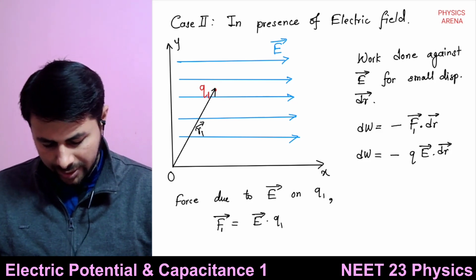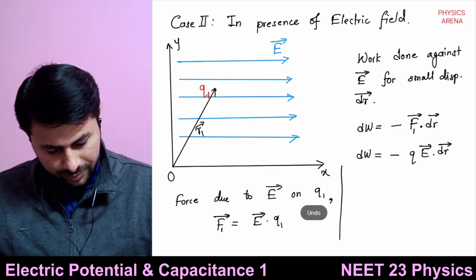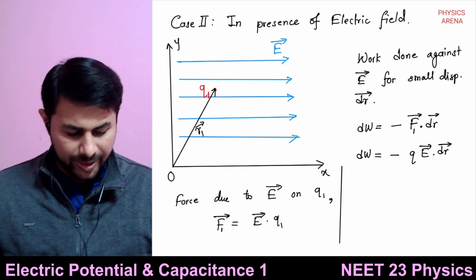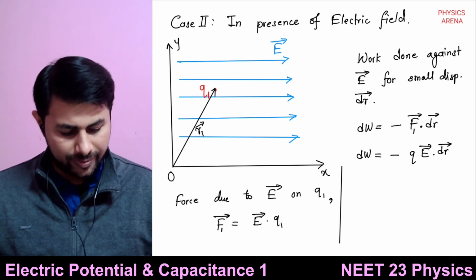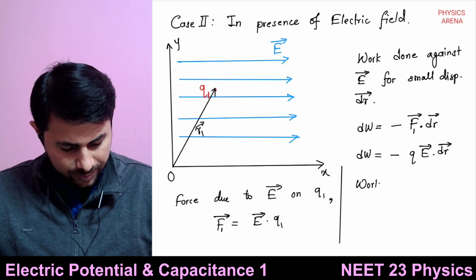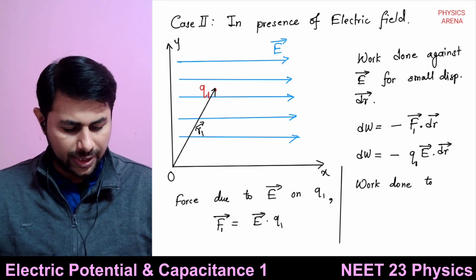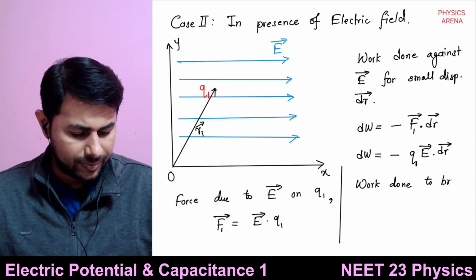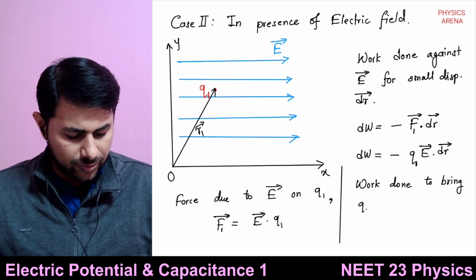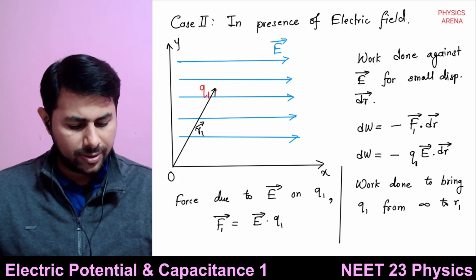So work done will be this much, and then work done to bring it from infinity to R1. So how much will that be? Work done to bring, sorry, this charge is Q1, work done to bring charge Q1 from infinity to R1.